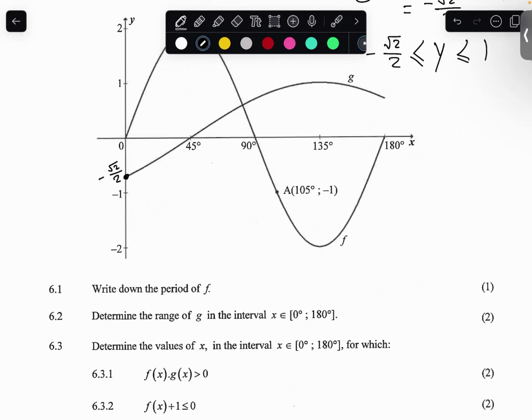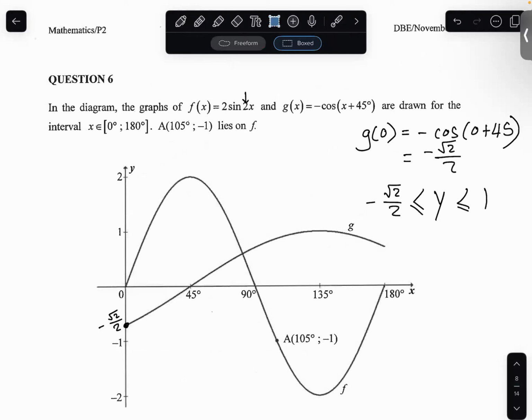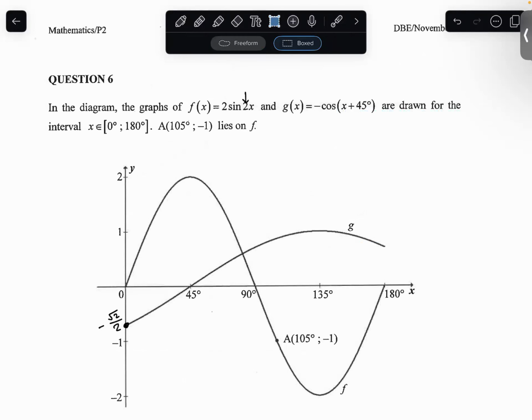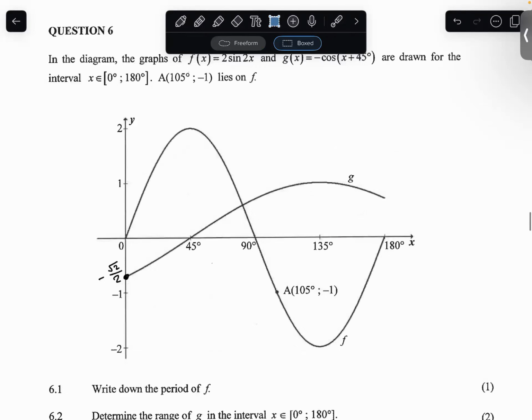Okay, that's that one. Then we have, determine the values of x in the interval between 0 to 180 for which f of x times g of x is greater than 0. Greater than 0 meaning positive. This is the one where you label the graphs with positives and negatives, meaning wherever the graphs lie above the x-axis, you're going to label it positive. Wherever it lies below the x-axis, you're going to label it negative.